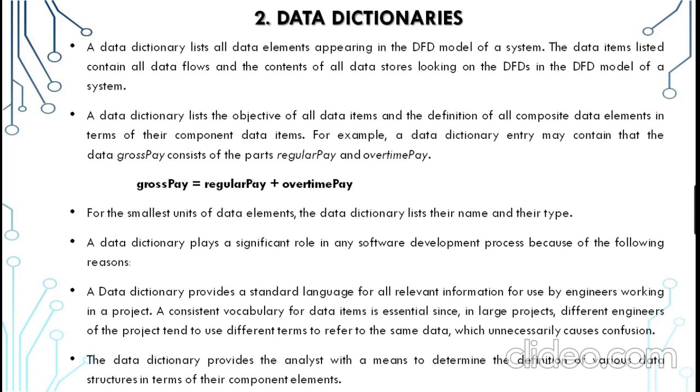For example, a data dictionary entry may state that the data gross pay consists of the parts regular pay and overtime pay. For the smallest unit of the data element, the data dictionary lists their names and their types.